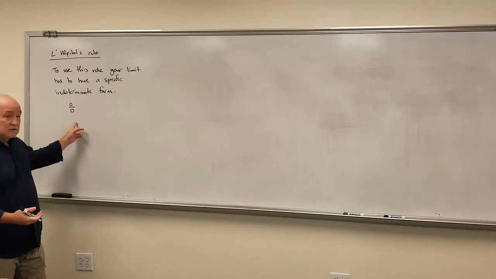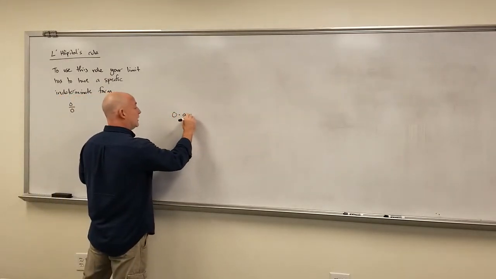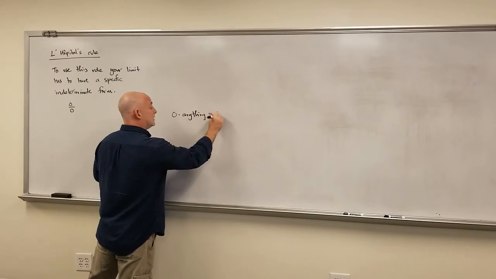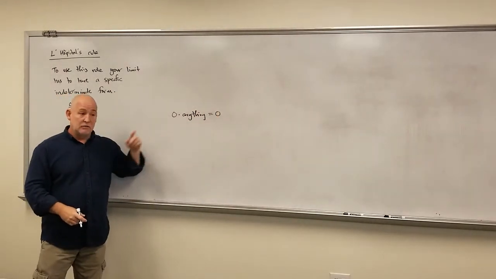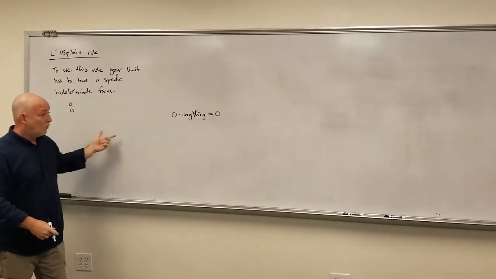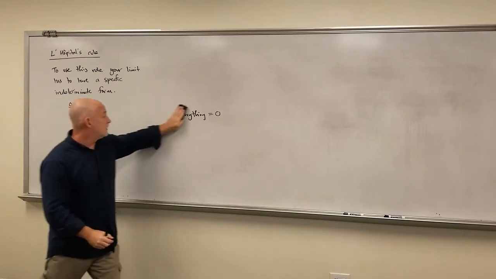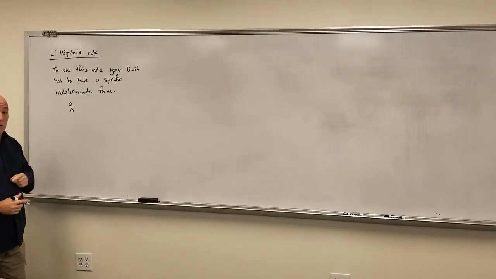Now, the reason that you can see that this could be anything, because we know 0 times anything is 0, which follows then that 0 divided by 0 should be anything. Now, I know we can't divide both sides by 0 there, but you can kind of see why that would occur. All right, 0 over 0 is one of the indeterminate forms that L'Hopital's rule will work on.